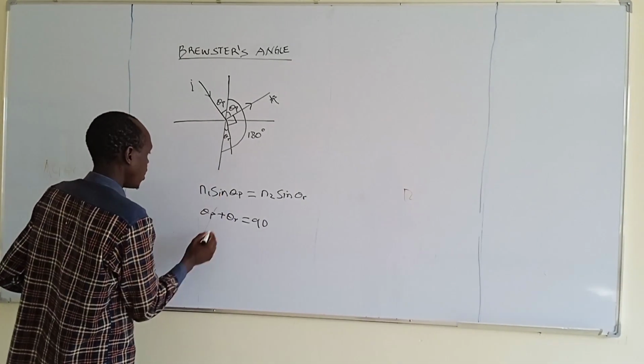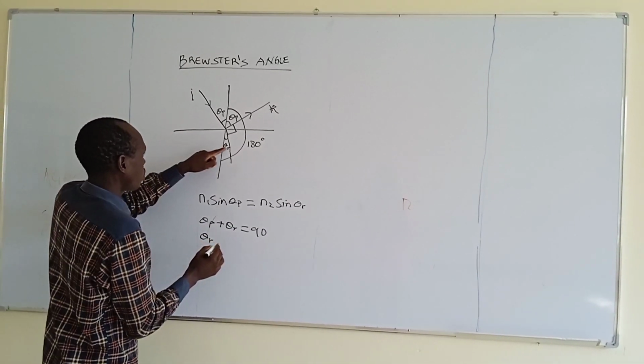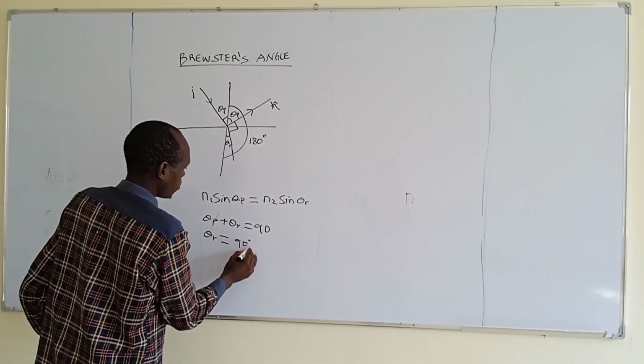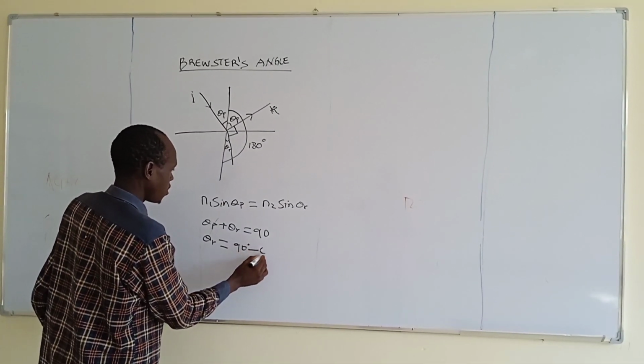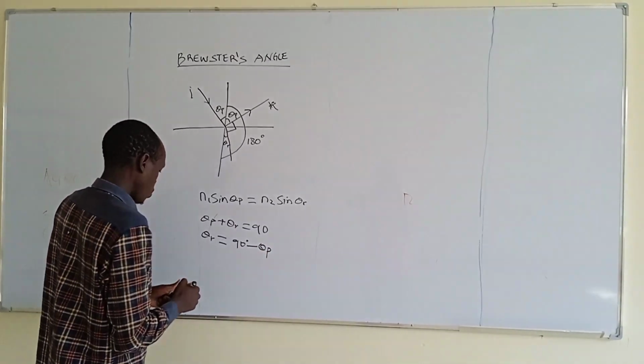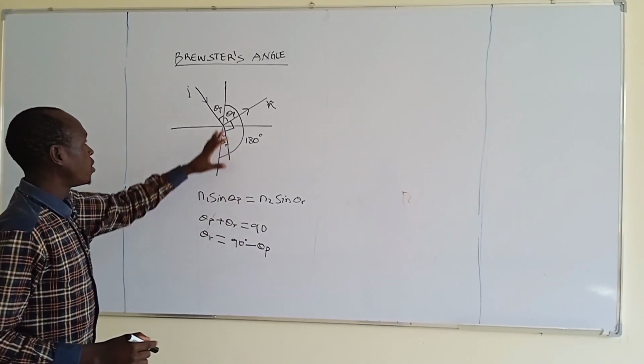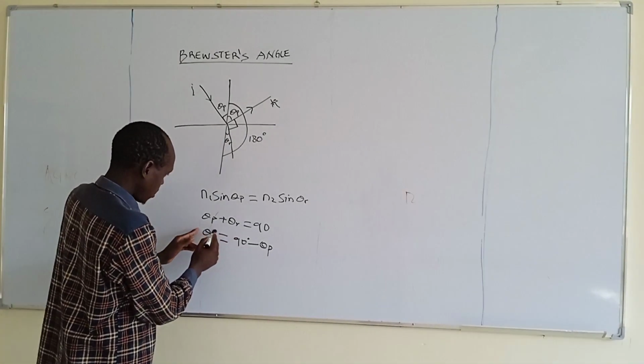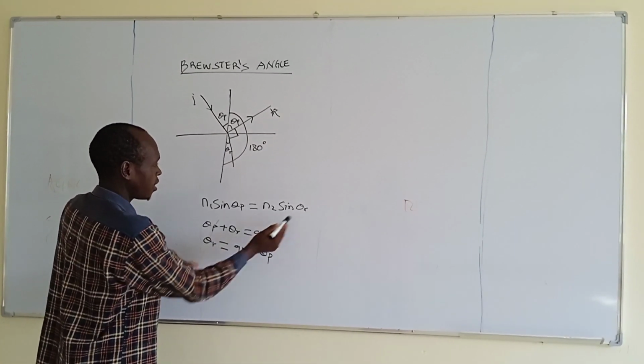So theta r can be gotten as 90 degrees minus theta p. This is true from this equation. So we are going to substitute this theta r here.